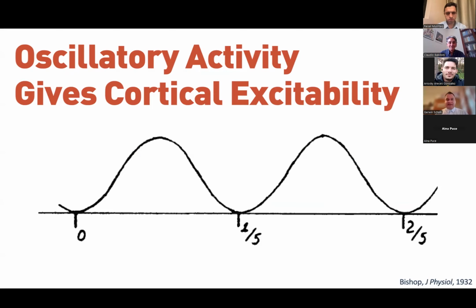This is from that paper, where you can see an oscillatory cycle that in this case cycles at 200 milliseconds, so 5 times per second. It was known relatively early that high amplitude means low cortical excitability, meaning the cortex cannot be excited very much, and low amplitude means high excitability.